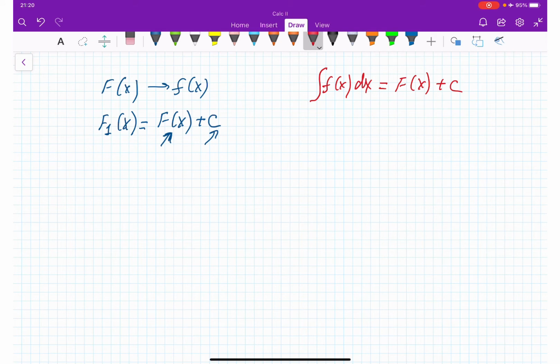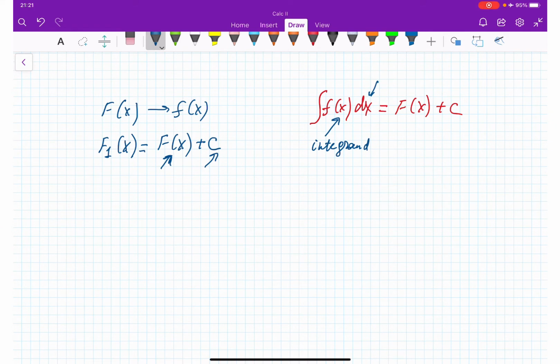Okay, real quick, let me explain what is what. Lowercase f of x is what we call the integrand. Dx is the variable of integration.